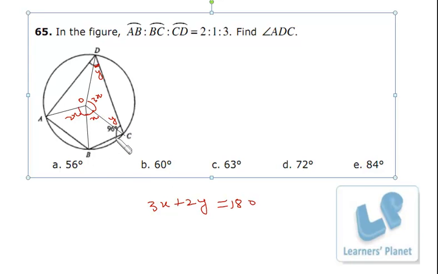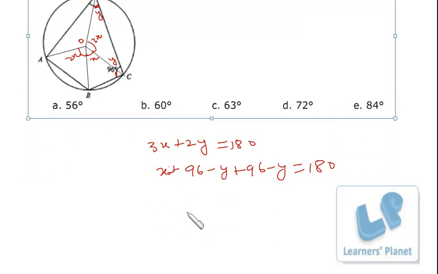Similarly, in triangle OBC, this angle is 96 minus y. See, this complete angle is 96, so only this portion is 96 minus y. So if it is 96 minus y, it has to be 96 minus y, because OB and OC, both of them are radius of the circle. So x plus 96 minus y plus 96 minus y is also 180, right?